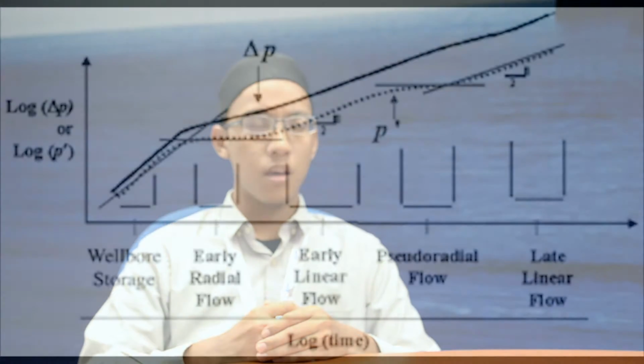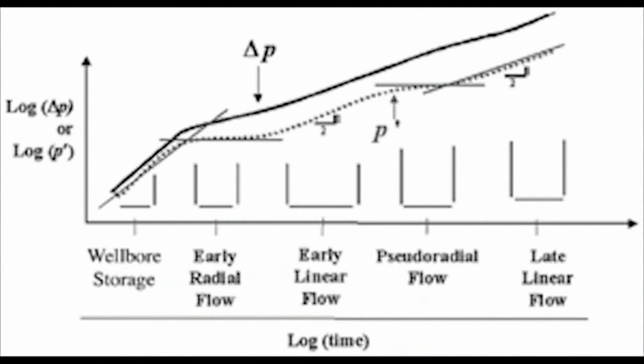These regimes may or may not occur in a given test, or may be obscured by wellbore storage effects. So we move to the second step, which is to apply the proper analytical and graphical procedures to the data. Each flow regime can be modeled by an equation that can be used to estimate important reservoir properties. At best, only groups of analytical parameters can be determined directly from the equation.